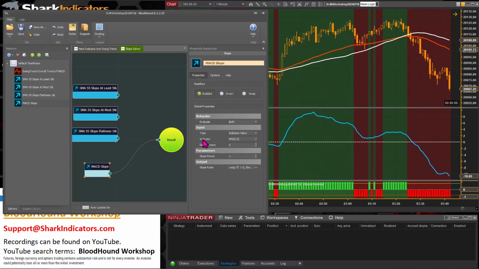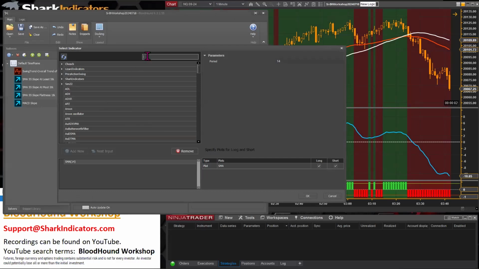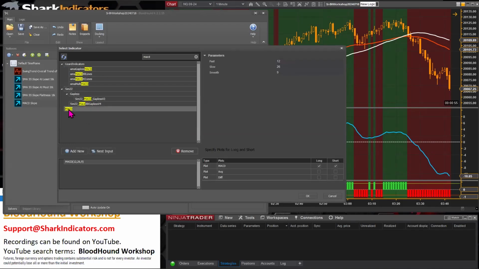All right, so let's change the indicator here now to the MACD. And I'm going to use the little search tool there. And where is it? There we go. There's our MACD. And again, I'm just using the default settings. And I'm going to look at the MACD line here.